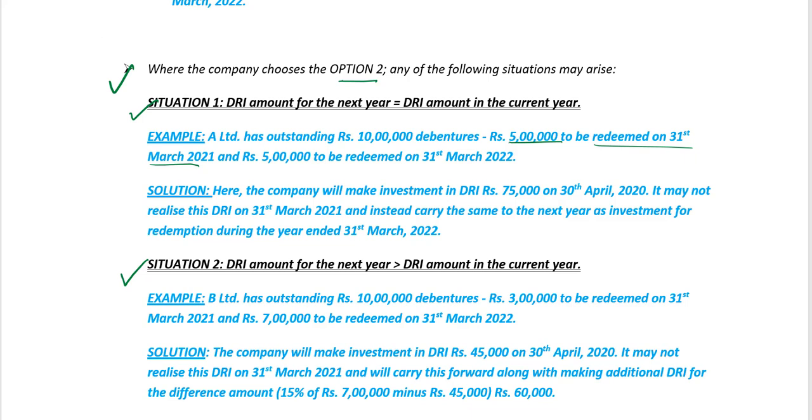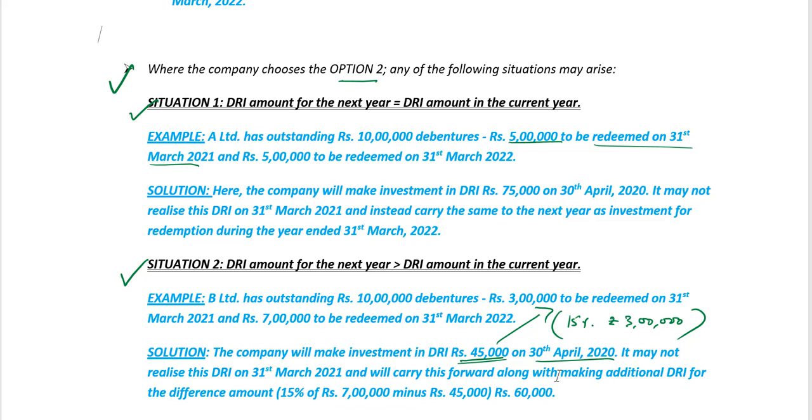The company would have made an investment in DRI equal to rupees 45,000, which is 15% of the face value of rupees 3 lakh to be redeemed on 31st March 2021, by 30th April 2020. It may not realize this DRI on 31st March 2021 and will carry this forward along with making an additional DRI for the difference amount.